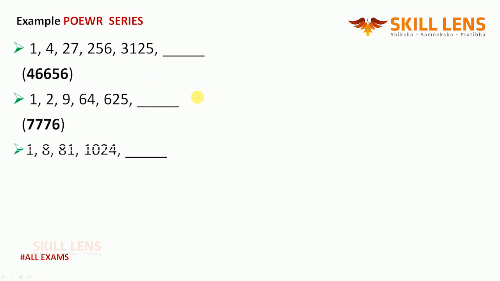Okay, let's go to the next question: 1, 8, 81, 1024. How to handle this particular question? Guys, if you don't know regarding one, leave it. The differences are very large, in thousands. Can I write 8 as 2 cube, and 81 as 3 power 4?